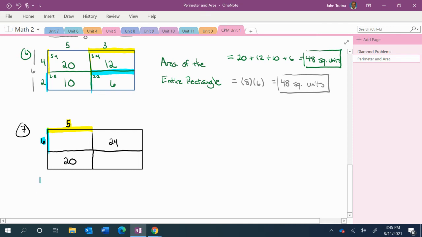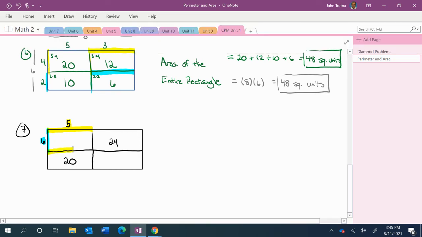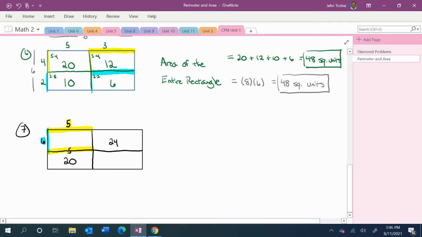Now, some of you are probably going, wait a second, Mr. Trutna, if the bottom left rectangle has an area of 20, and we know that the top of it matches up with up there, so that's 5, that means the left side has to be 4, because 5 times 4 gives me an area of 20.